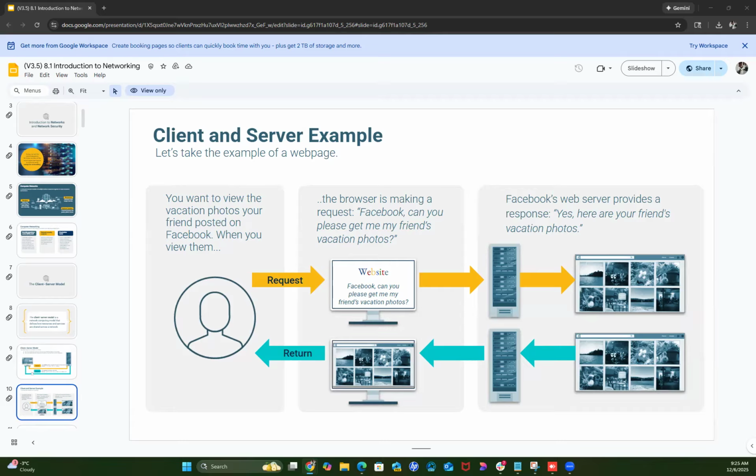The Facebook web server provides a response: yes, here are your friend's vacation photos. The photos are collected from the database and sent back, returned to the customer or client. So this is the client server example.